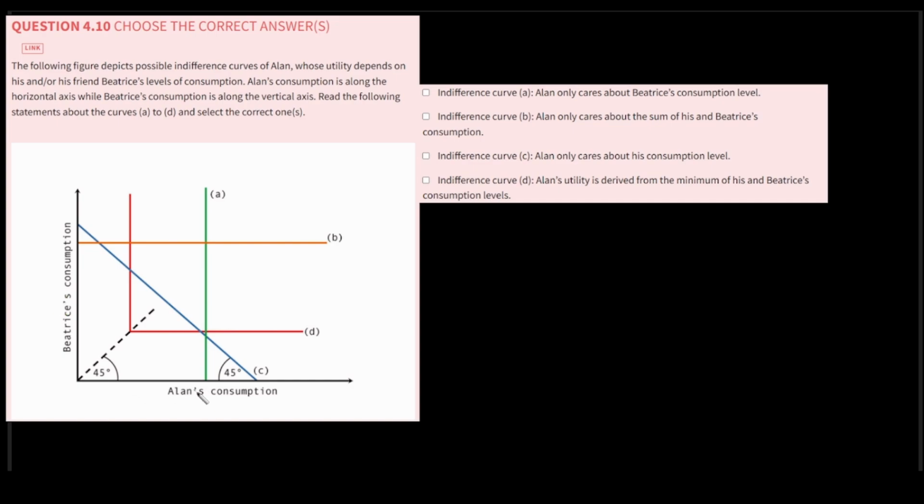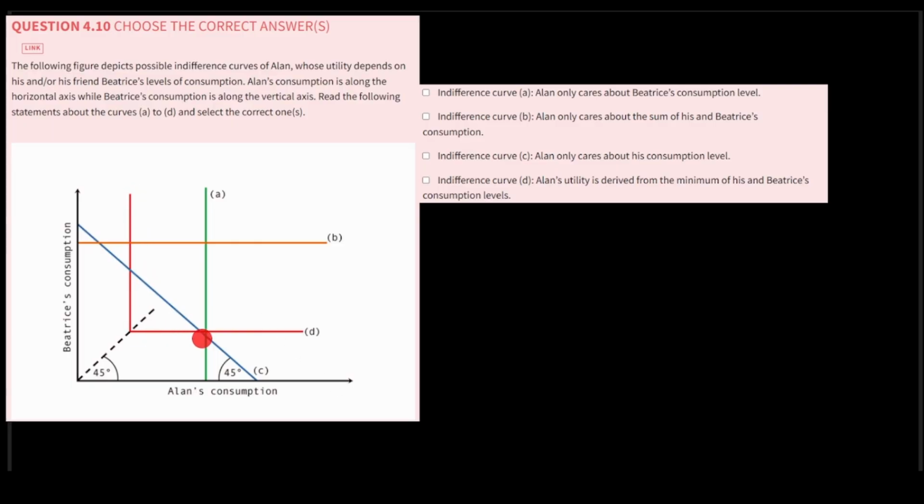So Alan is altruistic to a degree, but still values his own consumption as well. It's not entirely only Beatrice that Alan cares about. It is, hey, Alan cares about Alan, but gets some benefit seeing his friend being well off as well.